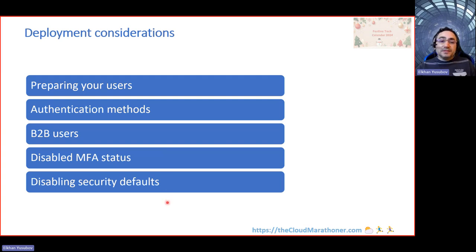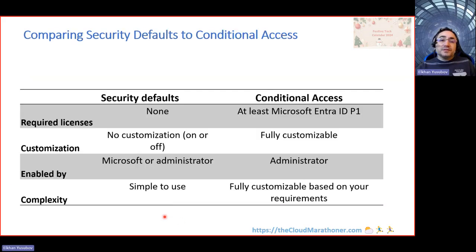Okay, that's it. Now let's look at the chart where we can much more easily compare the functionality, as well as what's required for conditional access and for the Microsoft Entra security defaults options. Let's look at that. This is a table or chart where you can compare them.